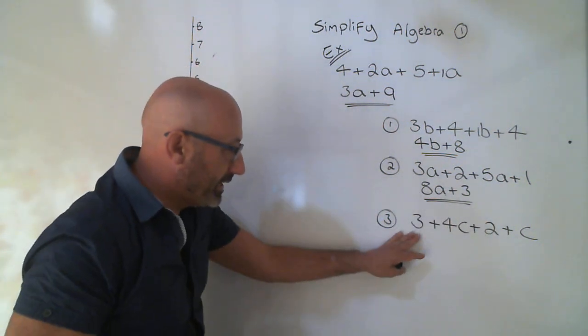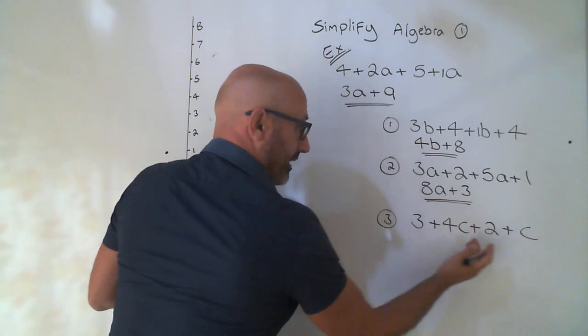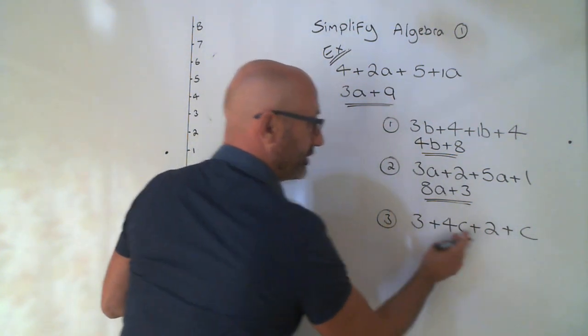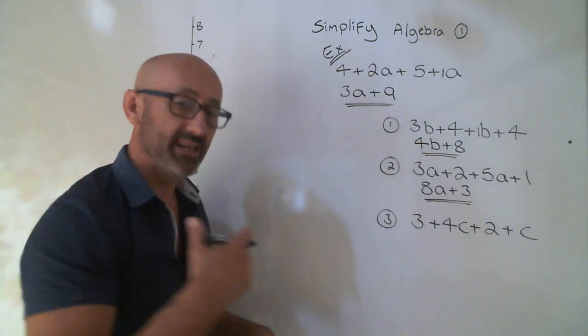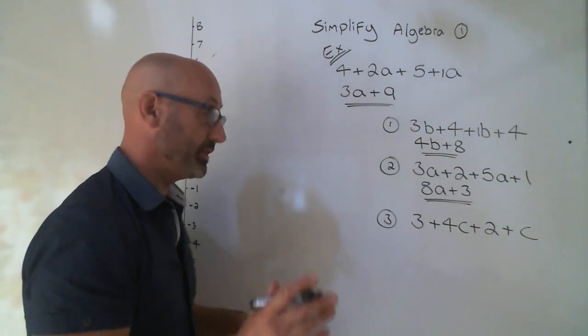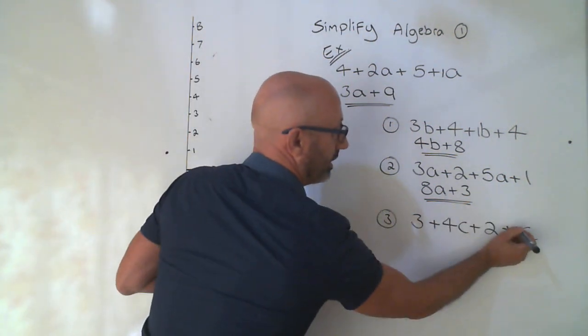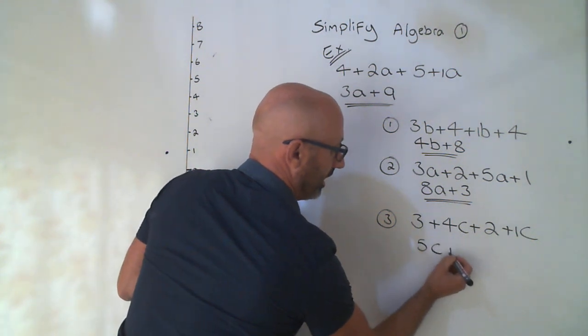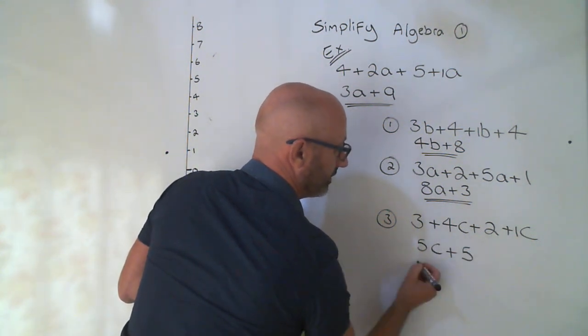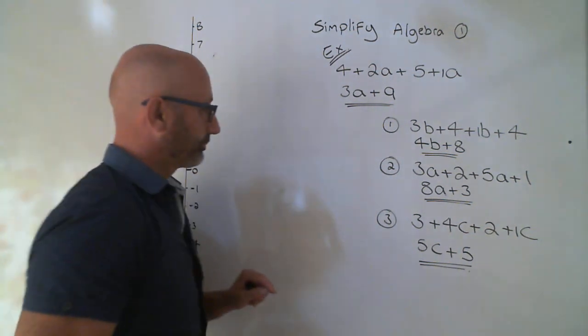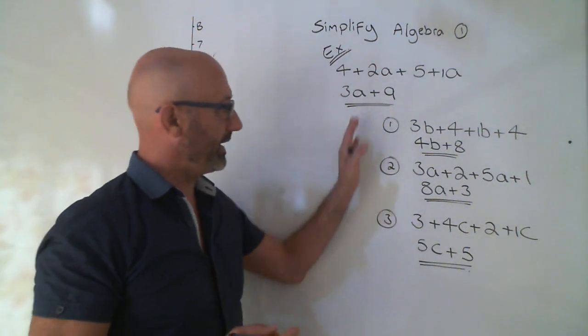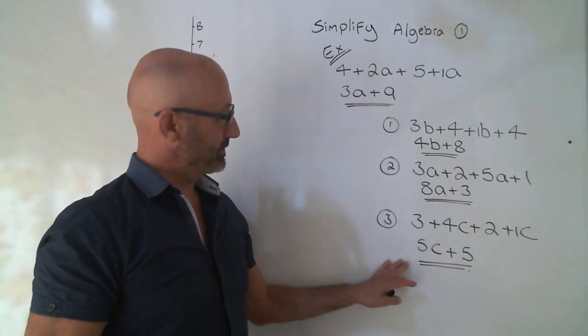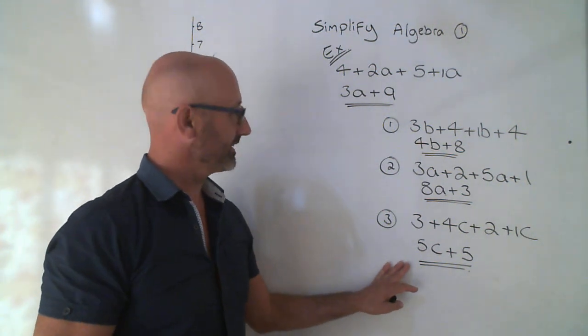Then finally, I'm probably going to do the a's, b's, c's first. That's what's normally done. So we've got 5 cherries, add 5.